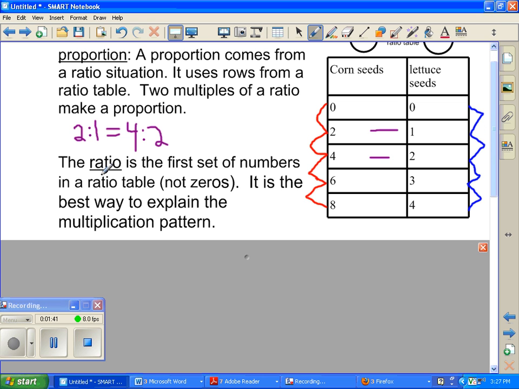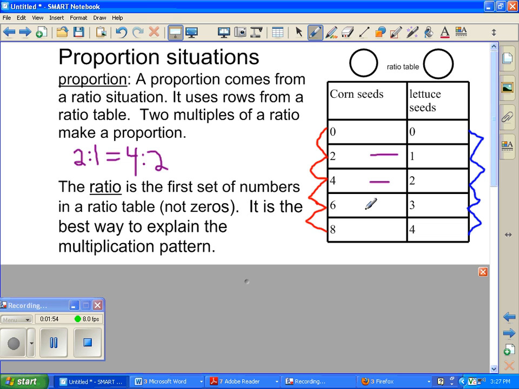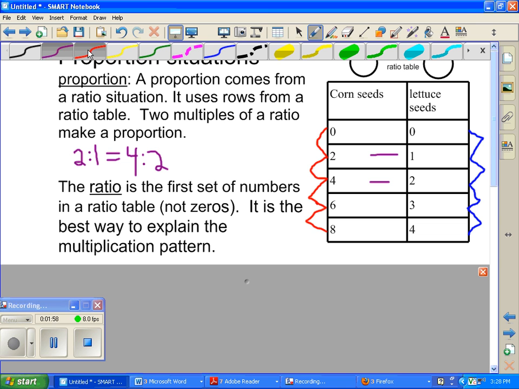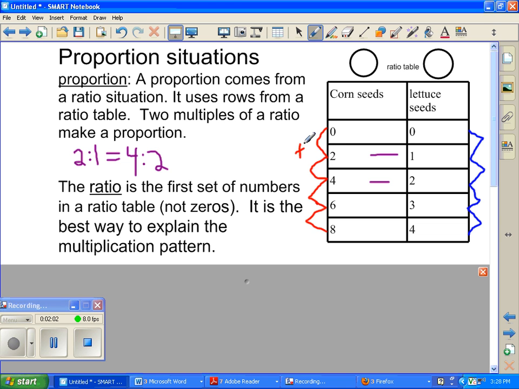All right, now if we look at ratio, it is the first set of numbers in a ratio table, not the zeros. It is the best way to explain the multiplication pattern. So if we look up here, we notice each one is increasing by 2, right?